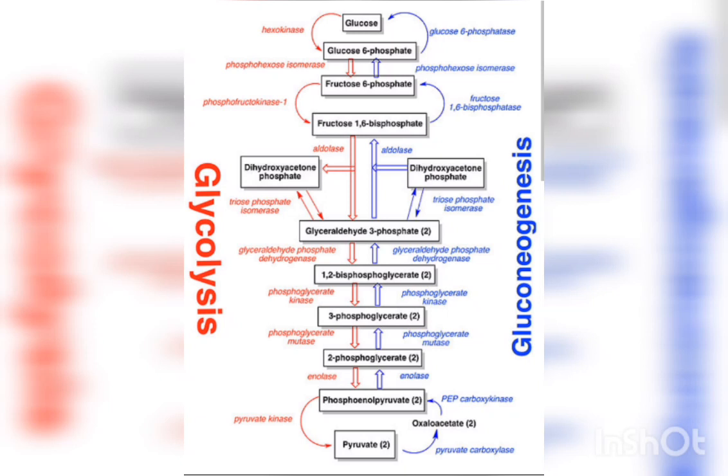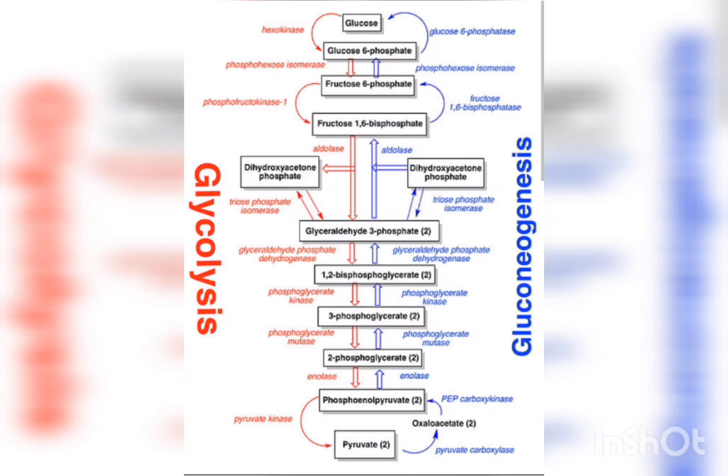Step 4, malate oxidation. Malate is oxidized to oxaloacetate, producing NADH. Step 5, oxaloacetate decarboxylation.